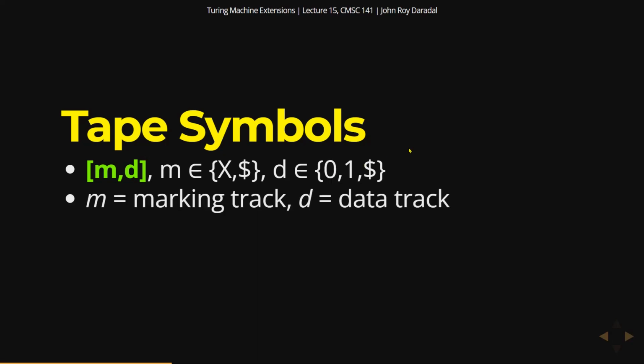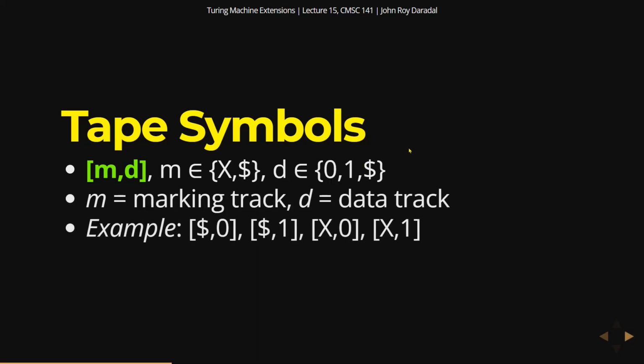So M is for the marking track, D is for the data track. For example, this one is an unmarked 0 because it doesn't have a mark, it's blank. This one is an unmarked 1, and these two are a marked 0 and a marked 1, meaning we can go back to this cell later on because this is a marked cell.